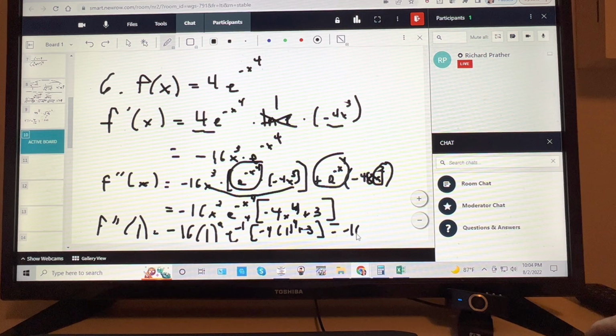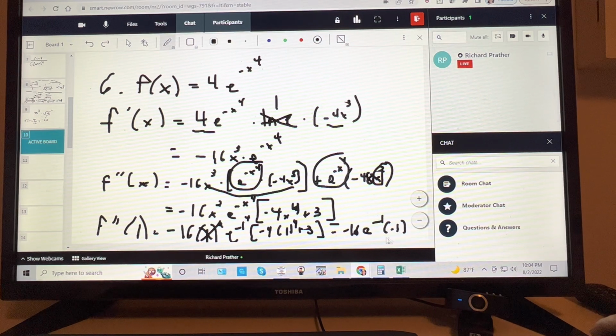So negative 16, 1 squared doesn't matter. You would do the 4th power first. You'd do 1 to the 4th, which is 1, and then it would be e to the negative 1. And this 1 to the 4th is 1, times negative 4 is negative 4, plus 3 is negative 1.